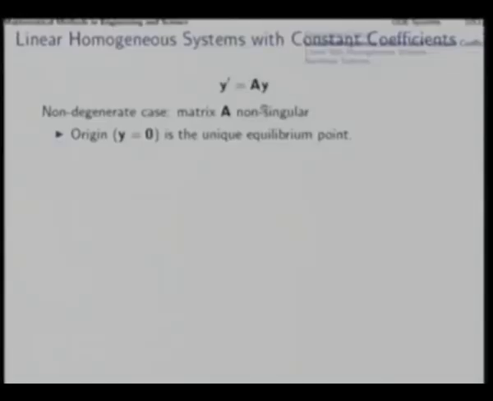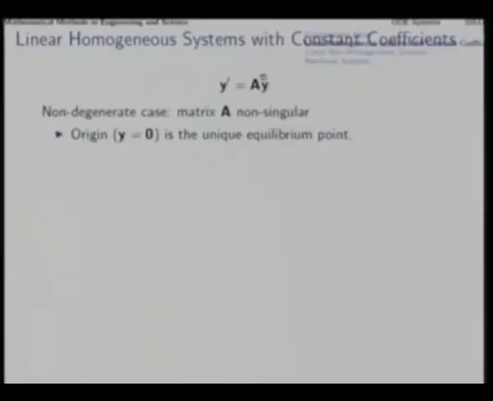That is, if the matrix A were allowed to be singular, that would mean that there would be infinite equilibrium points of this system, because a singular matrix A would have a null space, which will mean that many non-zero vectors sitting in the place of y would give this right hand side as 0, and that would mean that a complete subspace would consist of equilibrium points, and that would make the analysis completely haphazard.